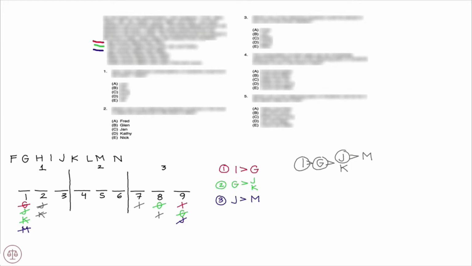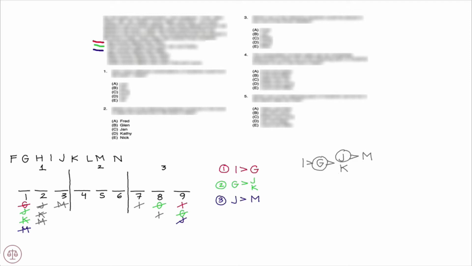Now don't make the mistake of thinking that K must be before M. As you can see, K and M don't have a relationship. So this means that only 3 people at this point are going to be to the left of M for certain. So that means that M cannot be first, second, or third. Likewise, now I has 1, 2, 3, 4 people scoring lower than him.